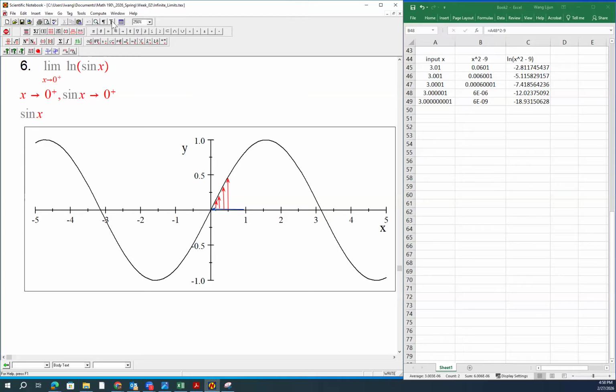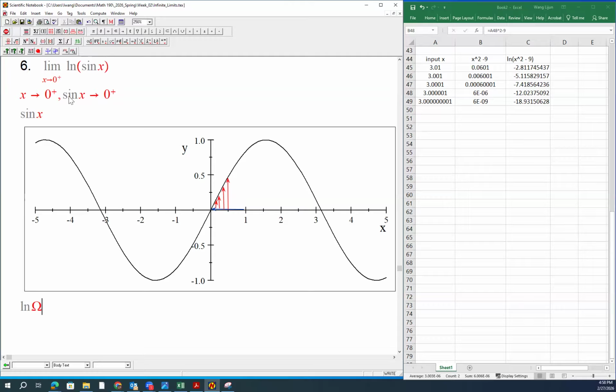If we evoke the curve for ln x, let's call the input ln bologna. Let me find a symbol for bologna. So this is my bologna. The bologna assumes the position of sine x.